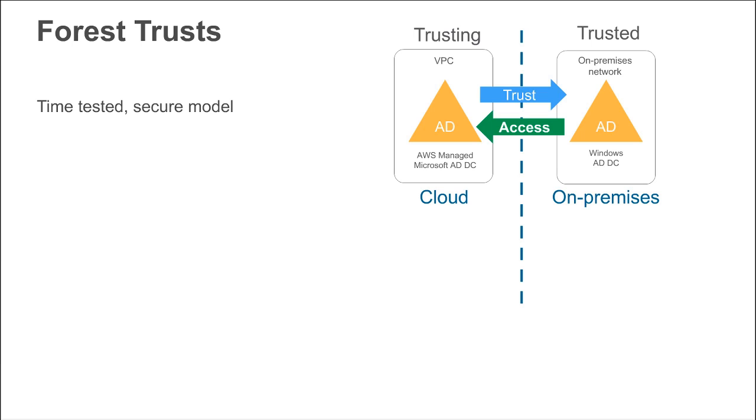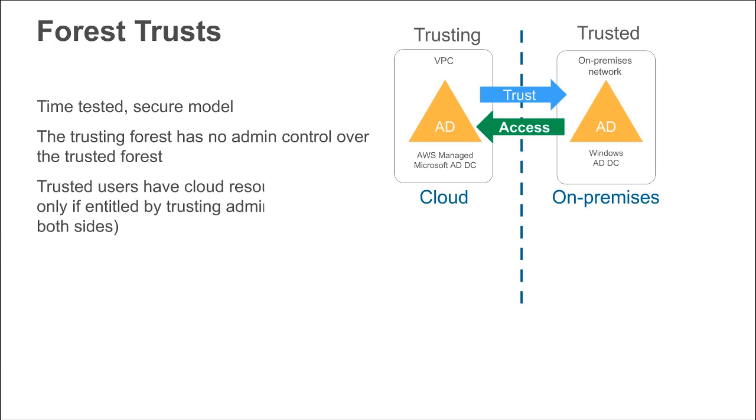In this case, you're doing a trust between your on-premises network and your VPC in the cloud, and you control both sides of this. So you have a lot more control over your trust. Now, the trusting forest has no administrative control over the trusted forest. So even though you've got this trust in place, there's no way for a rogue administrator in the trusting side to gain control over the on-premises forest.